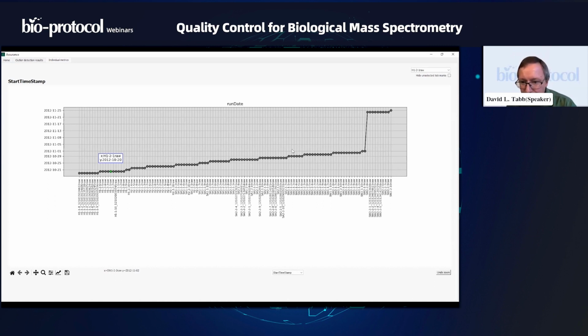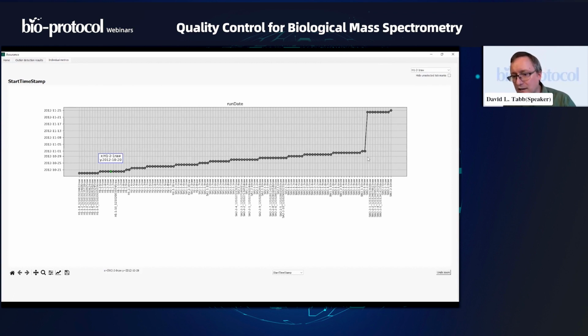What we see is that on November 1st, something happened. Now, we don't know what it is. They didn't record this. We didn't get a copy of their lab notebook. But for some reason, on November 1st, they stopped shooting our experiments. And it wasn't until, say, November 24th that they got back to them.